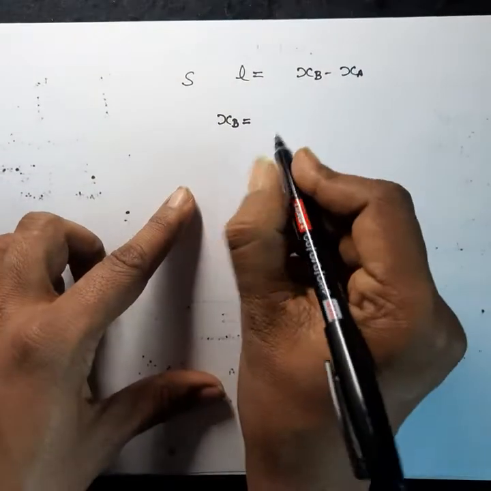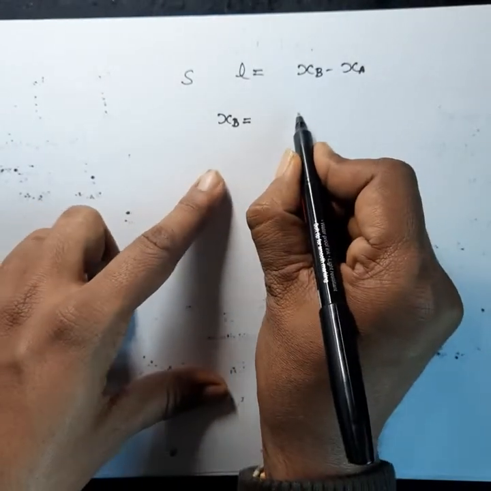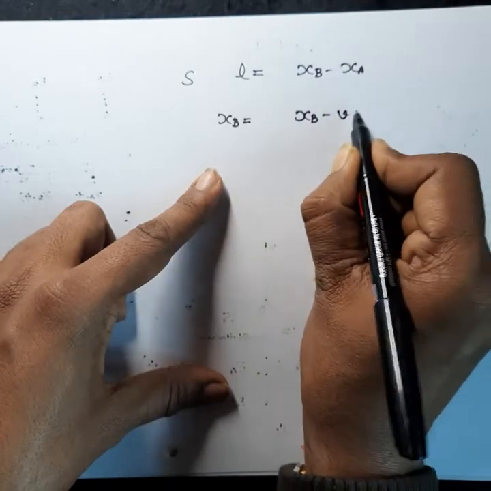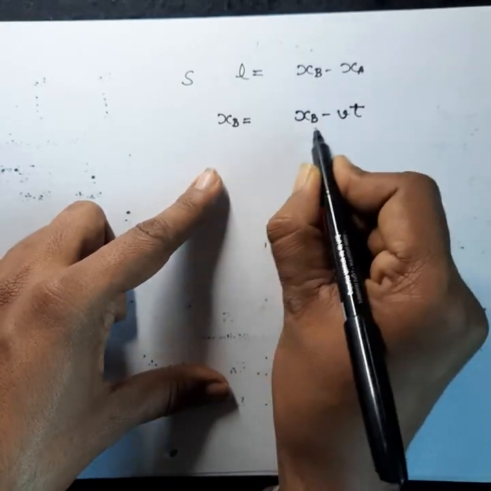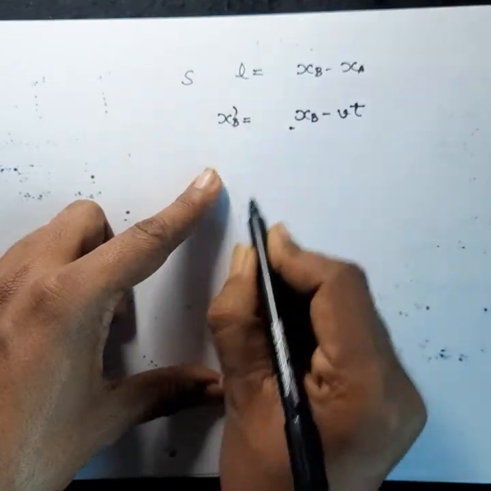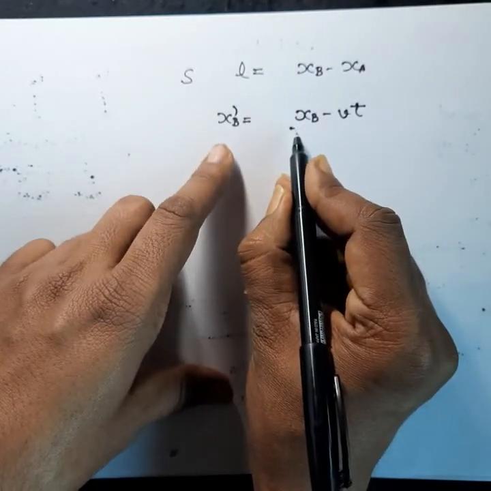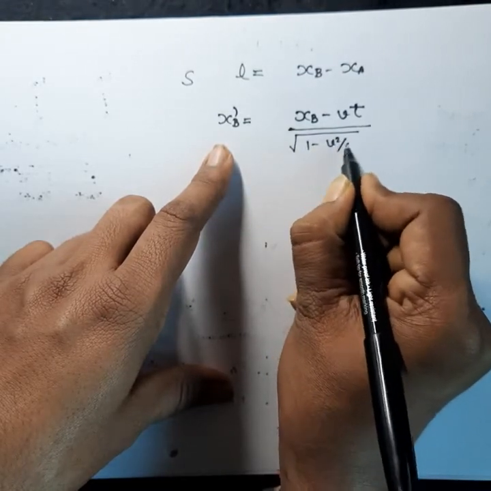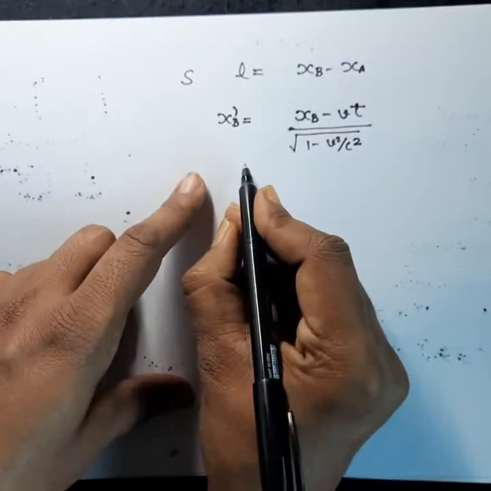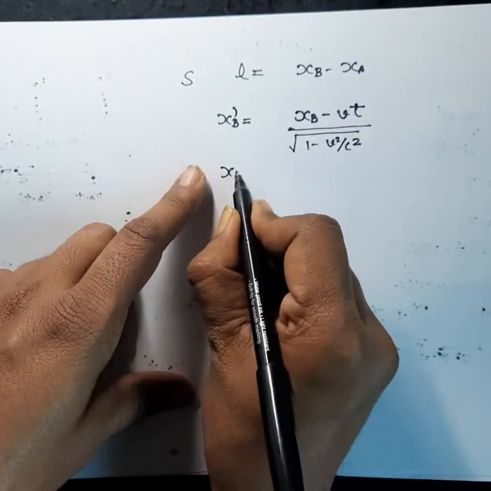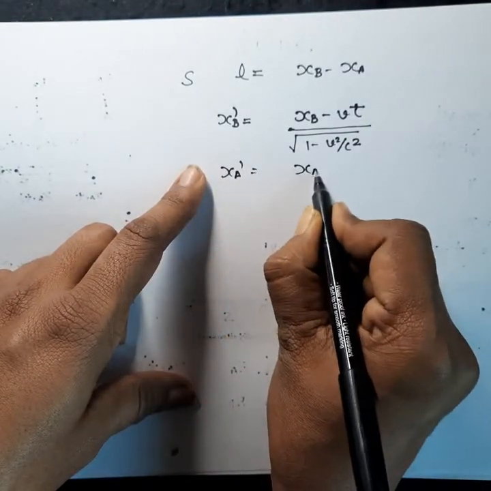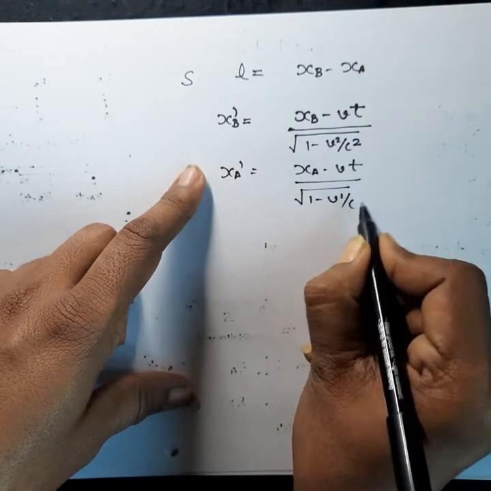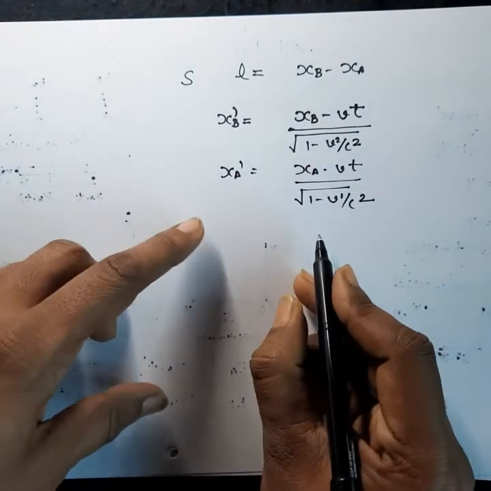So you can write xb dash using the Lorentz transformation equation. According to the Lorentz transformation equation, xb dash is equal to xb minus vt1 divided by root of 1 minus v square by c square, and xa dash is equal to xa minus vt divided by root of 1 minus v square by c square.